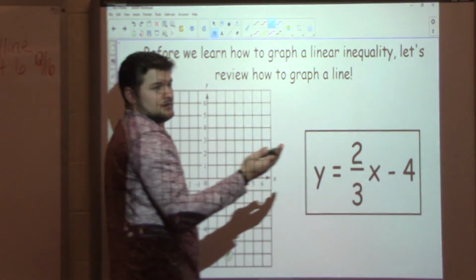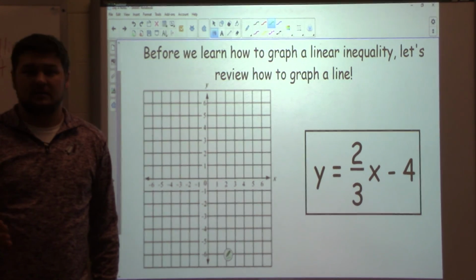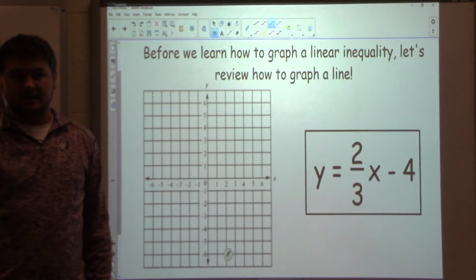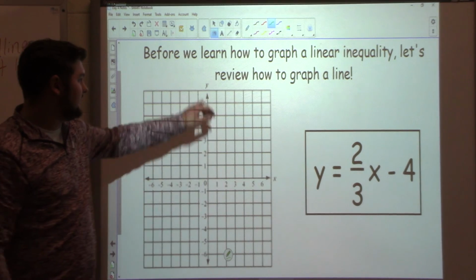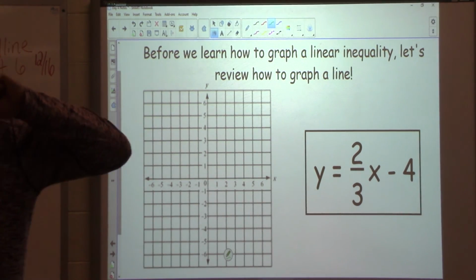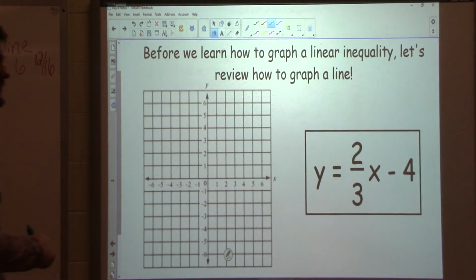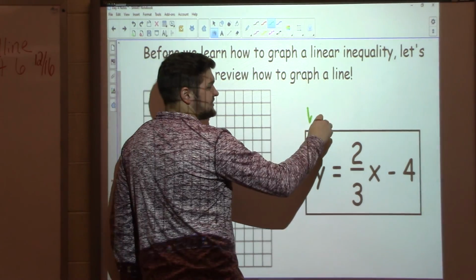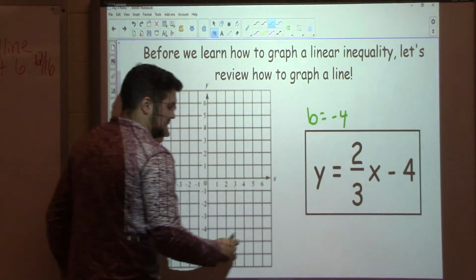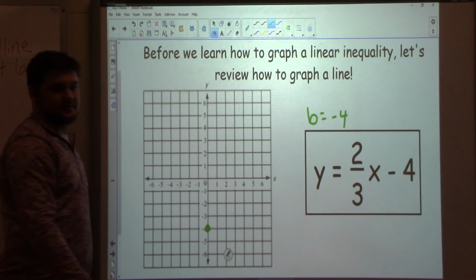Where the line goes through the y-axis, which is what we call the y-intercept. Good, those vocab words. So our y-intercept, or b, is negative 4. At my y-axis, on negative 4, I'm putting a dot.